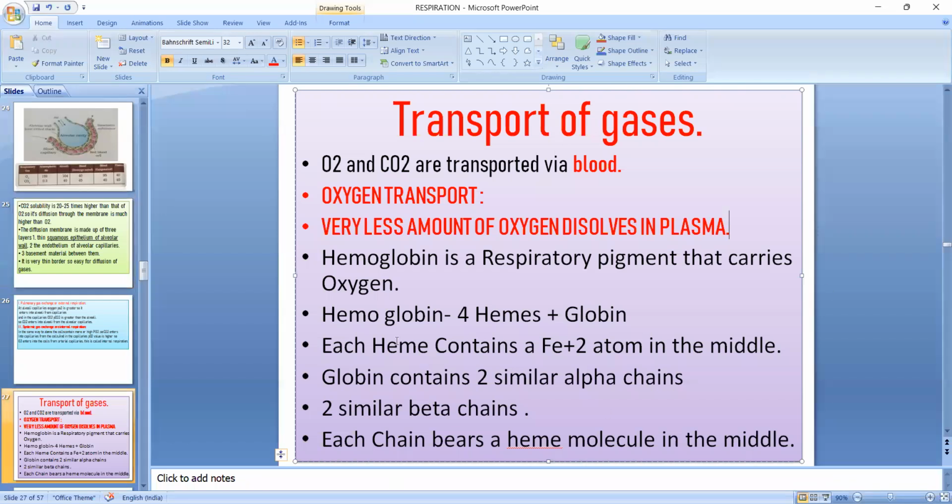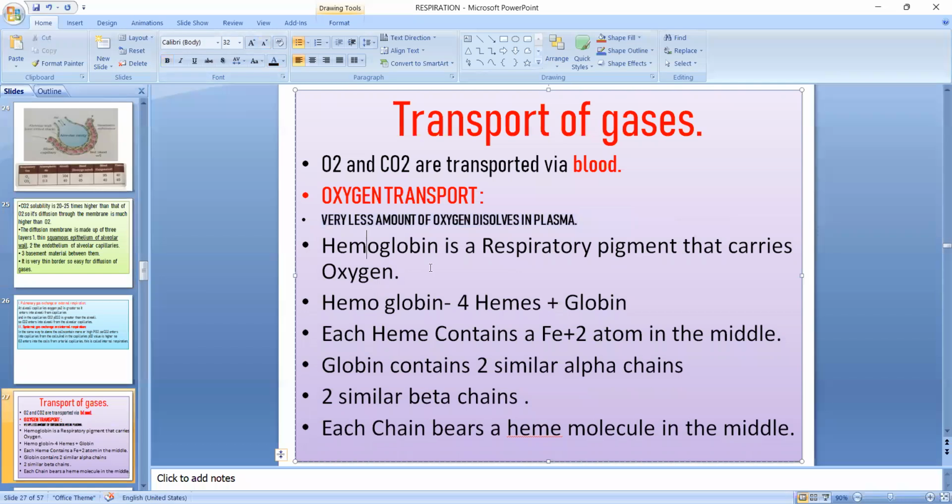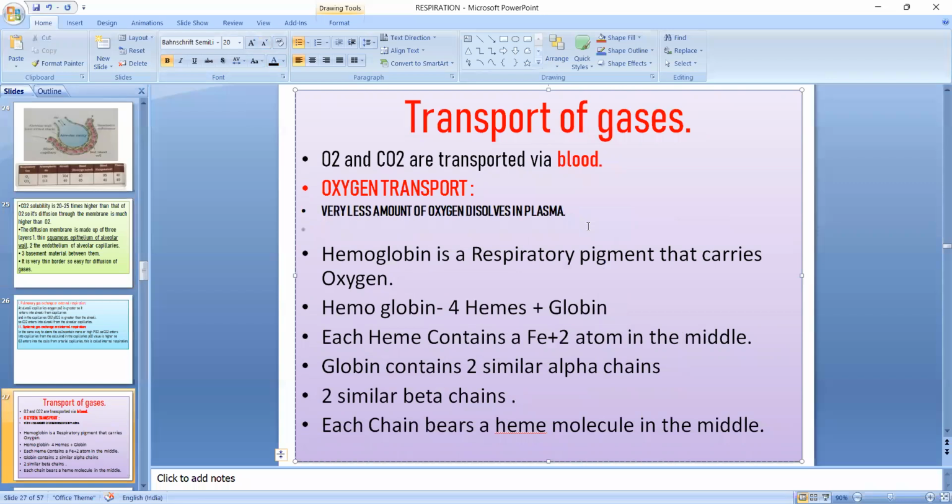So the majority of oxygen is transported with the help of hemoglobin. Where is this hemoglobin present? Hemoglobin is present in RBC.